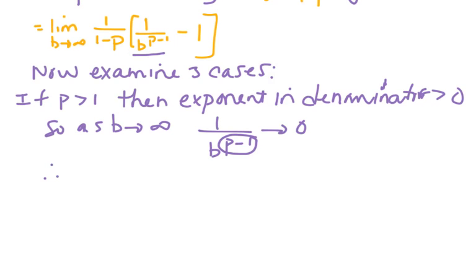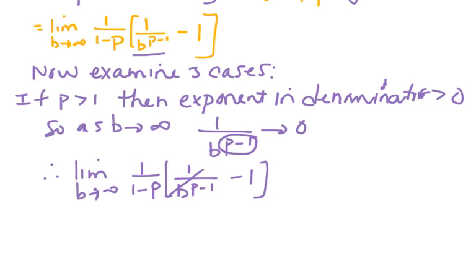So therefore, the limit as b goes to infinity of 1 over 1 minus p, 1 over b to the p minus 1, goes to 0, as shown above.